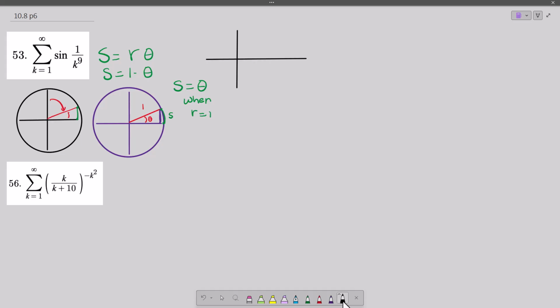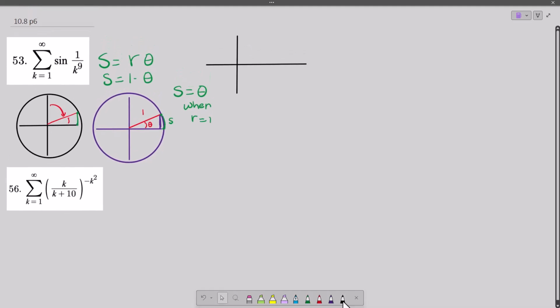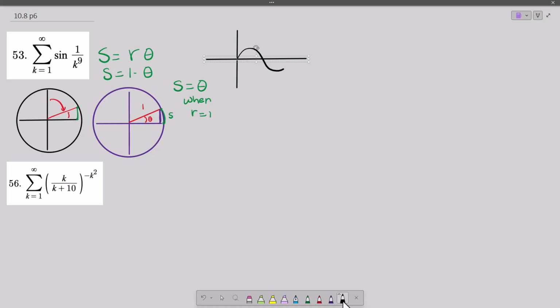All right, so let's think about one other perspective. If you look at the graph of sine, it looks like this. And the tangent line for sine is going to go right through the origin. When you get close to 0, whether you're looking at the unit circle or the graph, sine of x is approximately x when you're close to the origin.